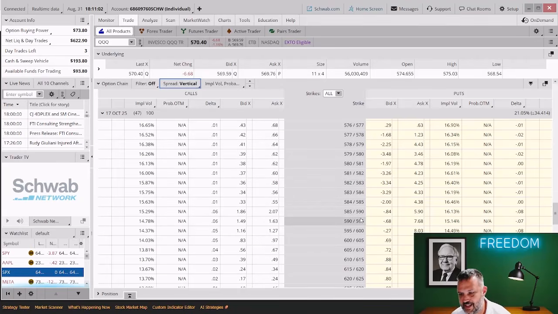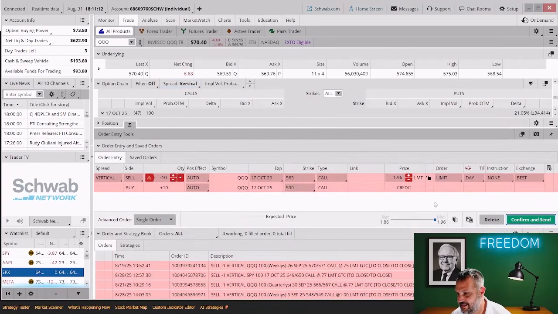So anything that stays below 590, 595, and if we're headed south, we're looking at a very good trade. In this case, we would sell it and you would get $1.96, we'd go in the middle here, 196, 186, we'd get that, which is a really good trade.